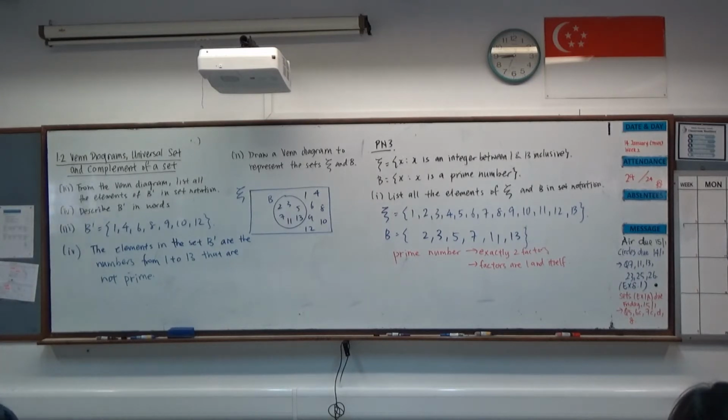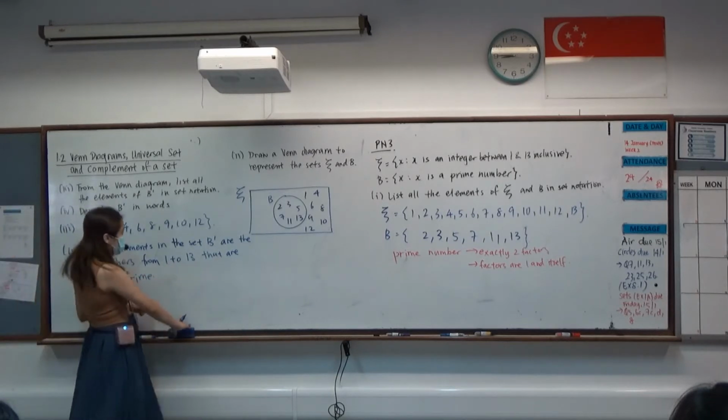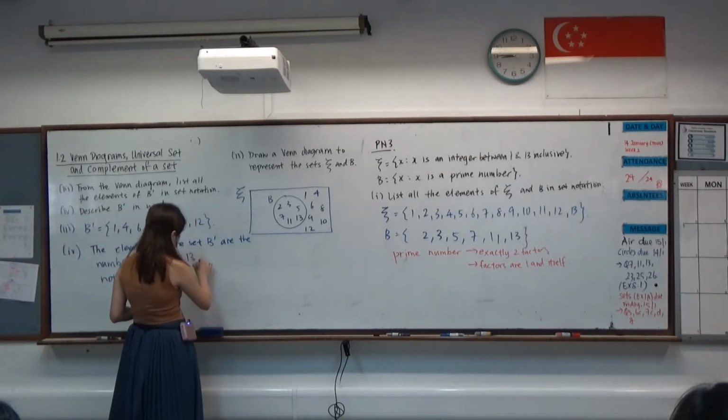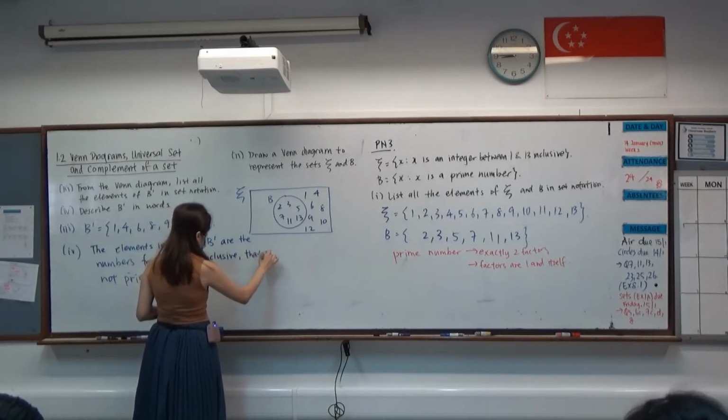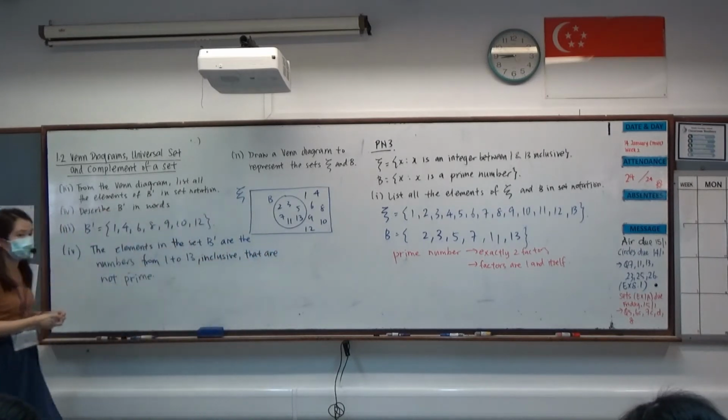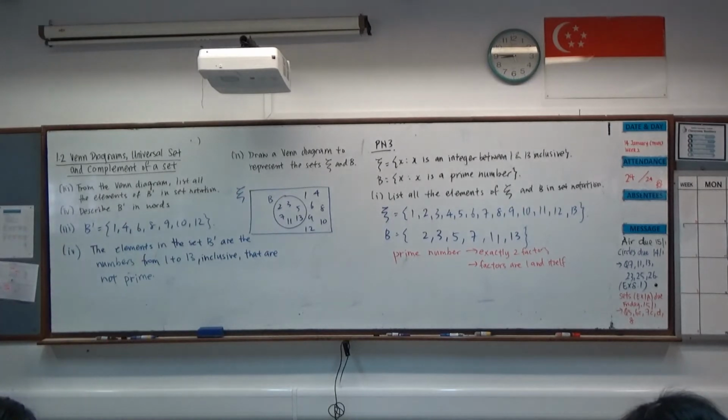Sorry? Inclusive. I can't hear you. Inclusive, is that what you said? Okay, so from 1 to 13 inclusive. Okay, sure. Anything else? No? We find this definition?